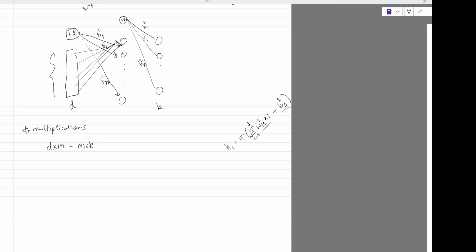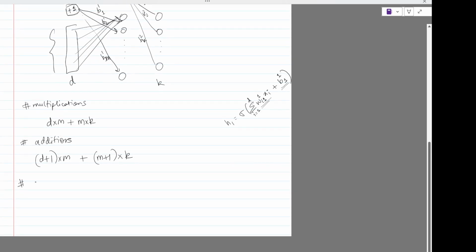Now how many additions are done? Number of additions: here there are d additions done plus 1, right? So d plus 1 additions, and that will be done for each node. D plus 1 into m. Similarly, m plus 1 into k.